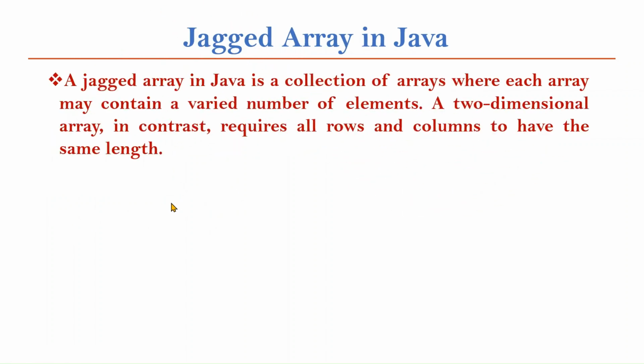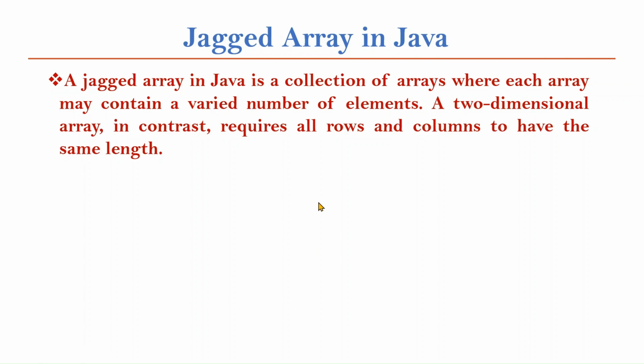Now what is jagged array? A jagged array in Java is a collection of arrays where each array may contain a varied number of elements. Let's say suppose I want the first row with 3 elements, second row with 2 elements, third row with 5 elements, fourth row with some 3 elements.